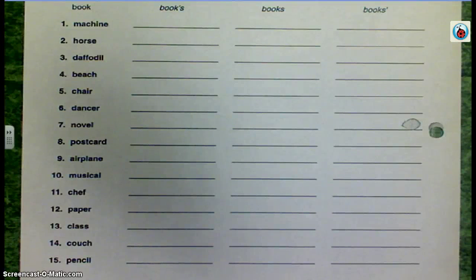Number 8, postcard. Number 9, airplane. Number 10, musical. Number 11, chef. Number 12, paper. Number 13, class. Number 14, couch. Number 15, pencil.